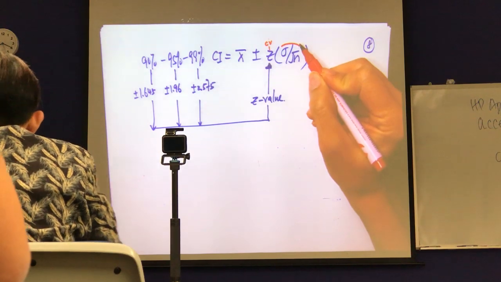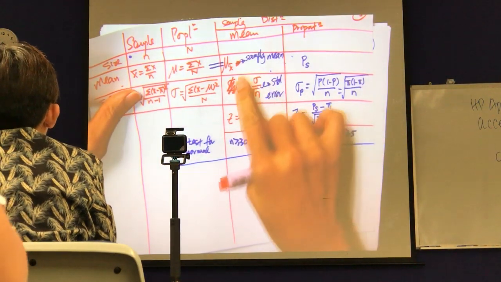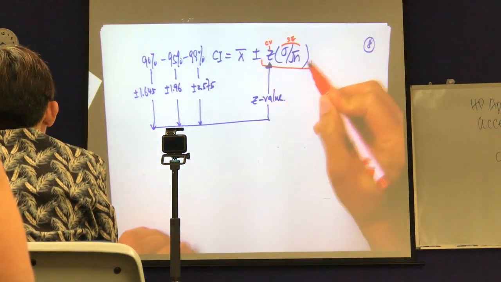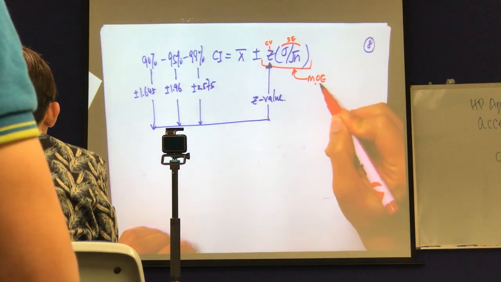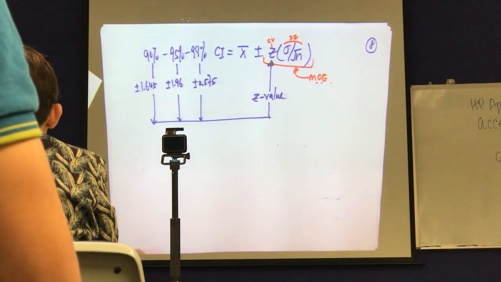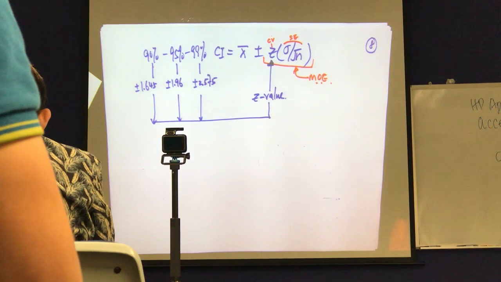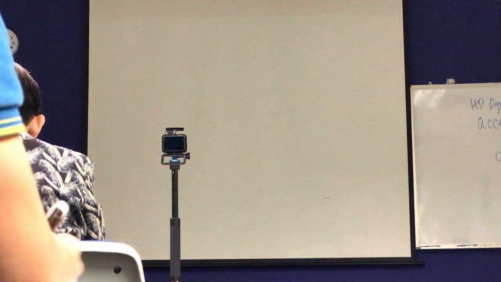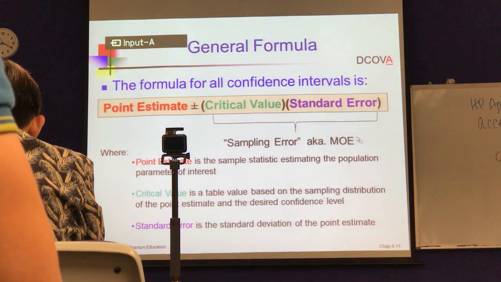We call this the standard error. Combined together, what do you call this? MOE stands for Ministry of Education. No, MOE stands for margin of error. Please write down margin of error in your PowerPoint slides. So this is margin of error.